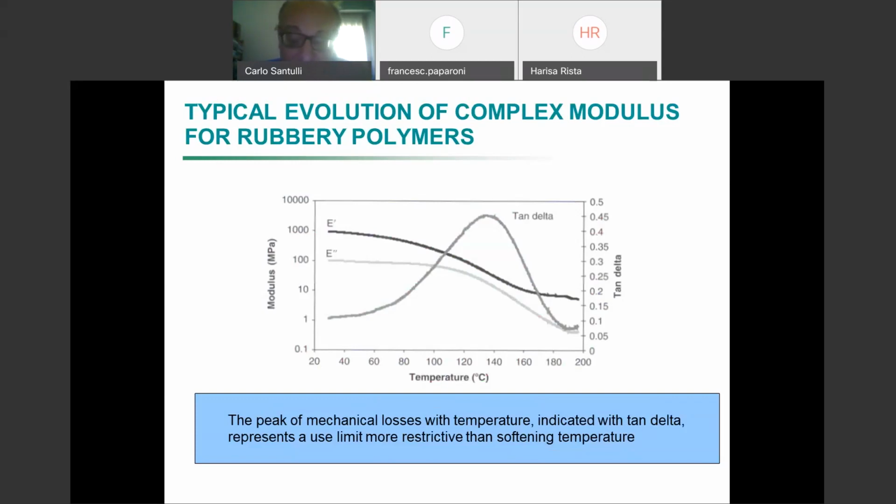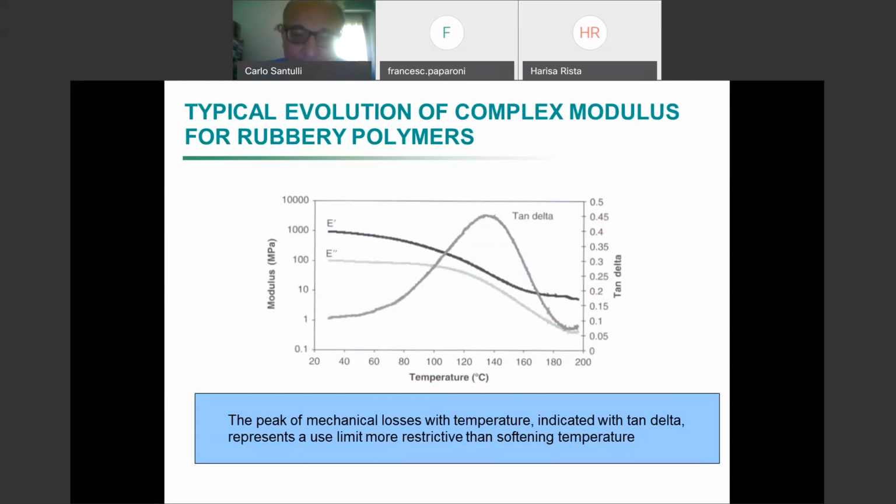We define the ratio between E'' and E' as tan delta, which is widely used in engineering, also in electrotechnics, to explain the lost energy over the actual energy.